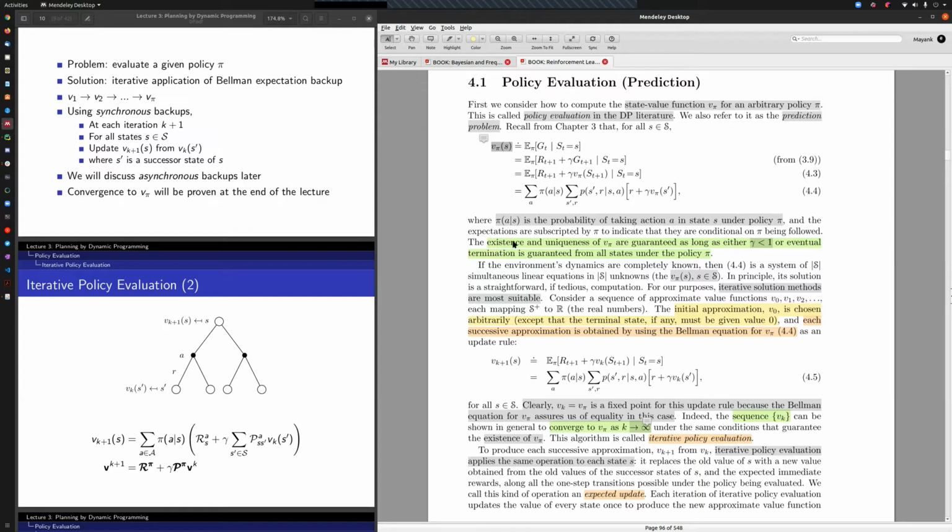The expectations are subscripted by pi to indicate that they are conditioned on pi being followed. The existence and uniqueness are guaranteed as long as the discount factor gamma is less than 1, or eventual termination is guaranteed from all states under the policy pi.